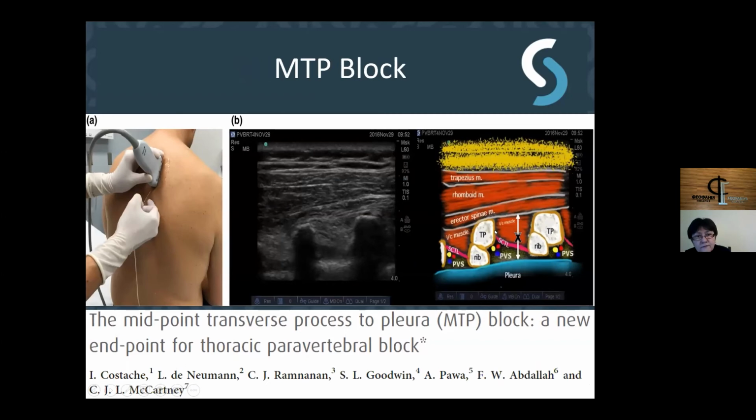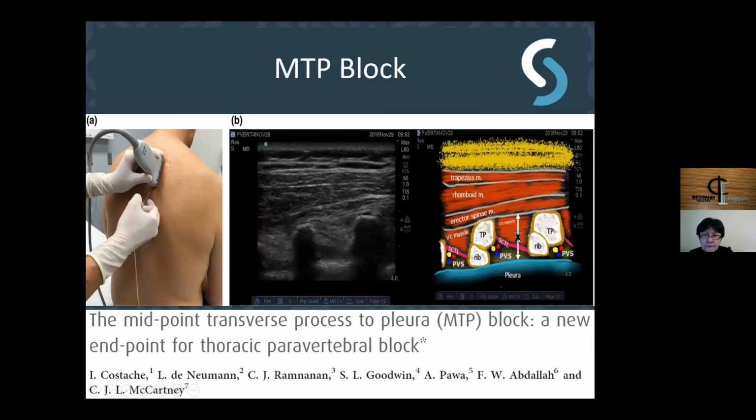Then midpoint to the transverse. So this was aimed at not popping through your ligament, just injecting right above the ligament, but halfway between your pleura and the lower erector spinae fascia. So you inject in the muscular layer there.